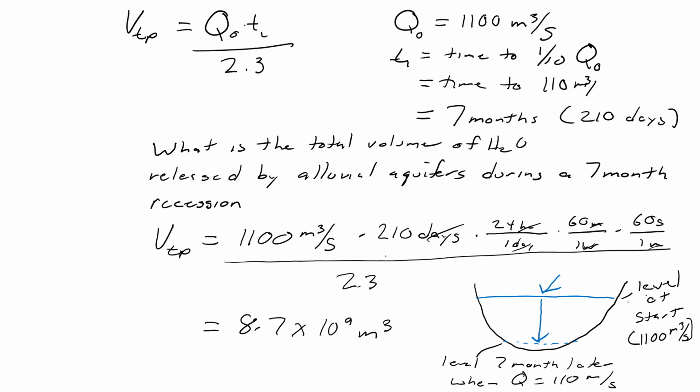when Q is 1/10 of what the flow was at the start of the recession. So what that means is during that 7 months, water poured from the aquifer into the stream.